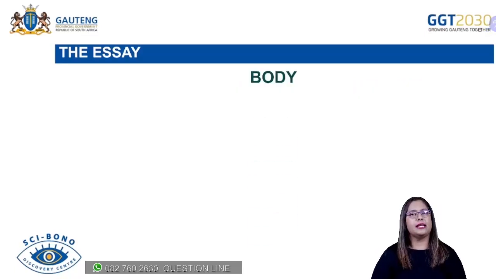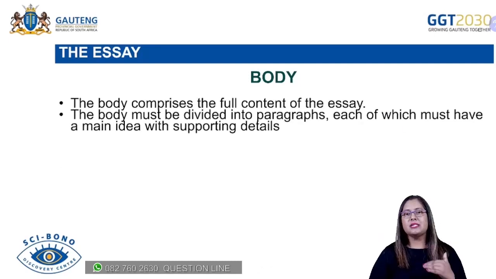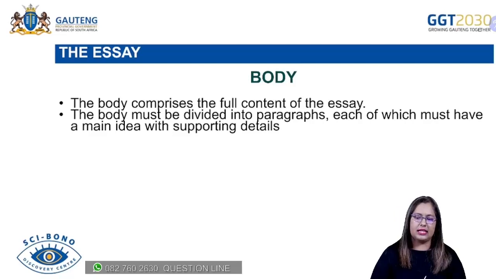Then we're going to the second part, which is the body. Now, the body consists of a few paragraphs, and I'll show that to you just now in a diagram form as well. And this is where your full content, in other words, everything you want to say, is contained in the body of the essay. So this must be divided into paragraphs, and we're looking at about 3 to 4 paragraphs in the essay to get that word count of 400 to 450 words.